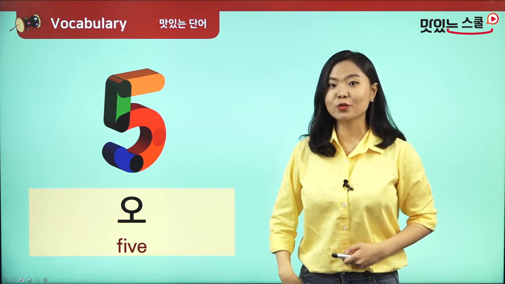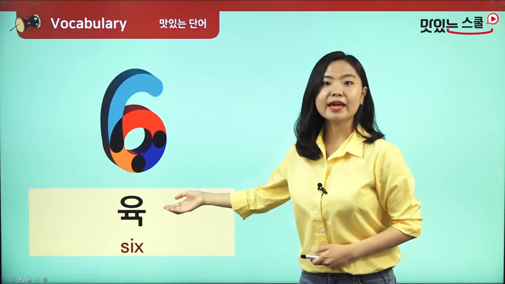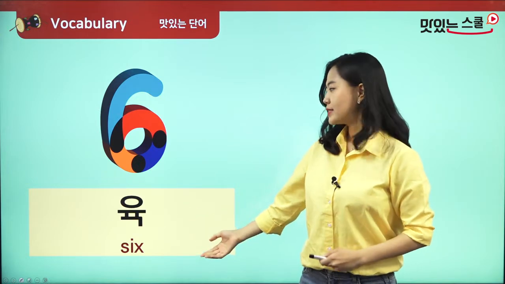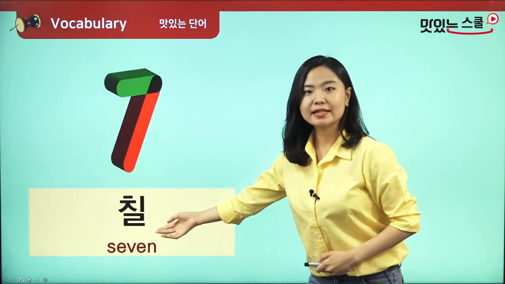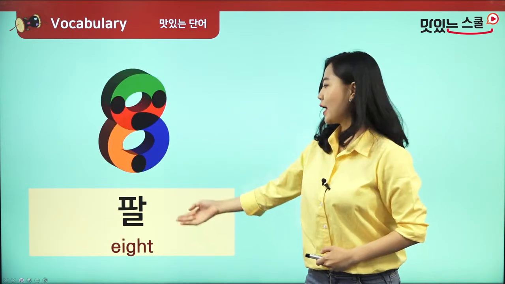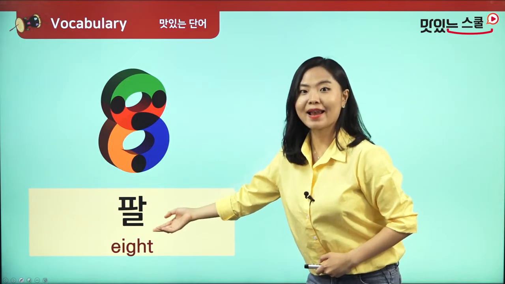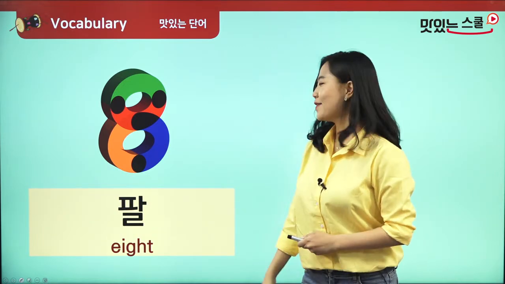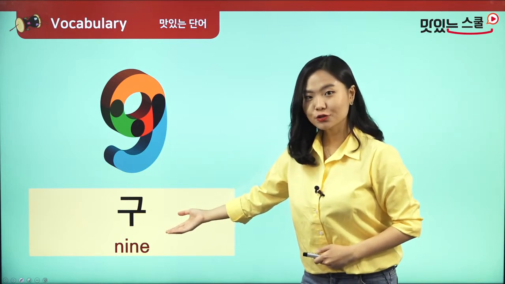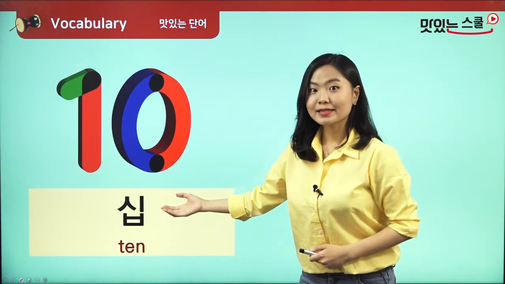Great job. And now we are going to learn from 6 to 10. 6, 7, and the next one, how do you read this one? That's right, it's 8. Great job. 9, and number 10.